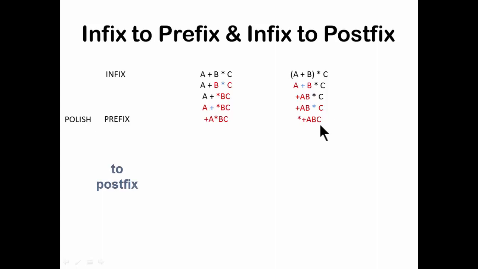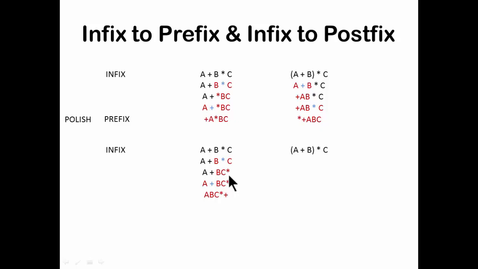If we convert infix to postfix, then the procedure is exactly the same, but you have to keep in mind that the operator should come after the operands. Here also the precedence of multiplication is more than addition, therefore the first operation is multiplication. B into C will be represented as BC star in postfix notation.